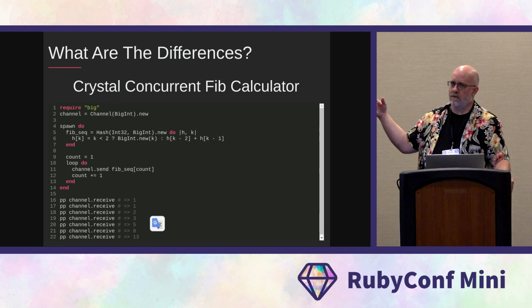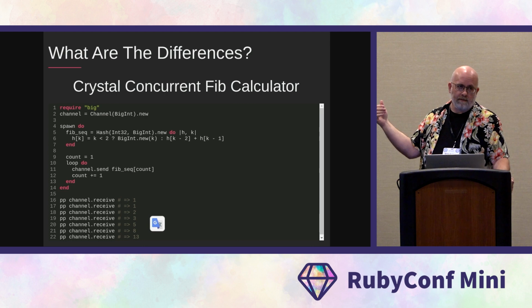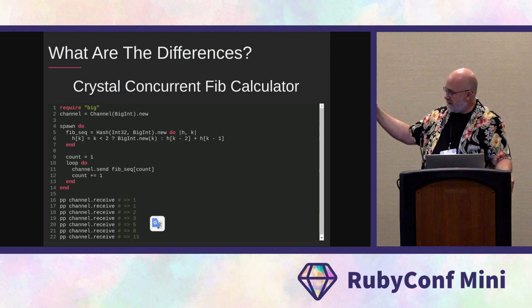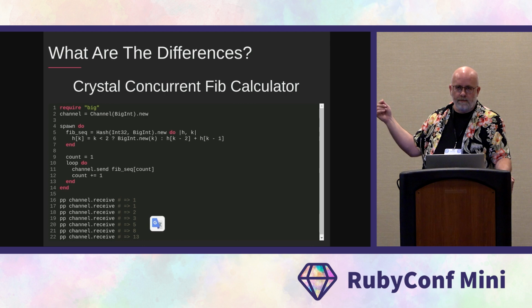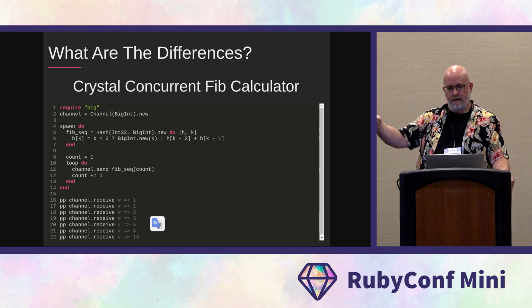You don't really have to worry about whether that's a fiber or a thread; that's kind of a background implementation detail. We're spawning an external unit that is responsible for calculating the Fibonacci numbers, and then we're communicating to it through a channel. You can think of a channel as a one-directional pipe. So you can feed data in one end and pull it out the other end.